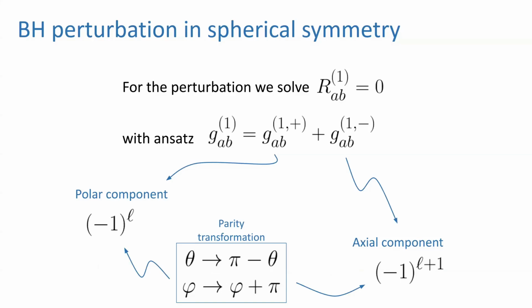And usually in spherical symmetry, it's clever to split the metric perturbation into pieces that transform nicely under parity transformation. So there will be polar perturbations and axial perturbations. This is how they transform after a transformation of the angles of the spherical coordinates.